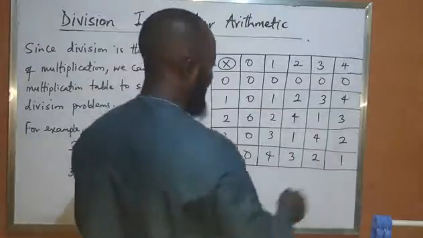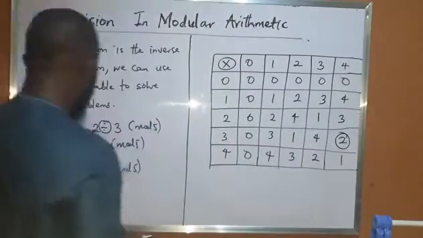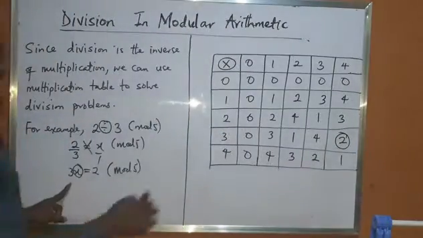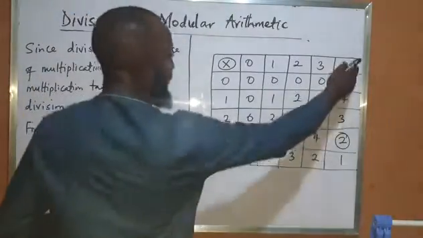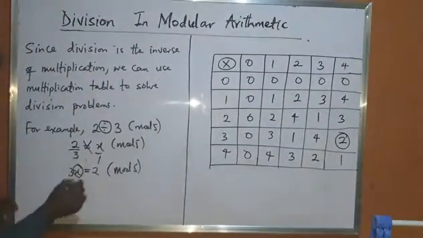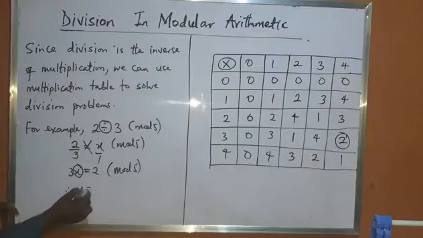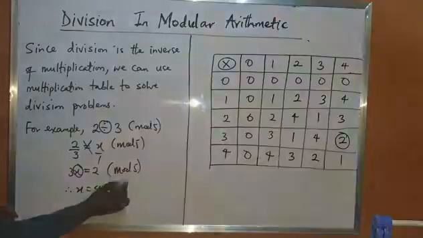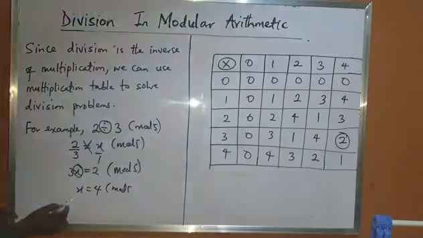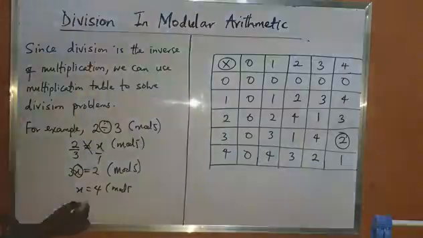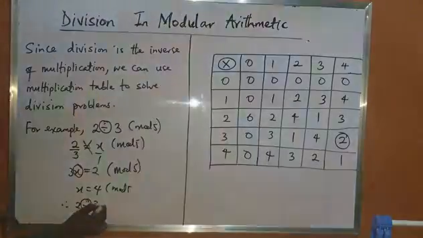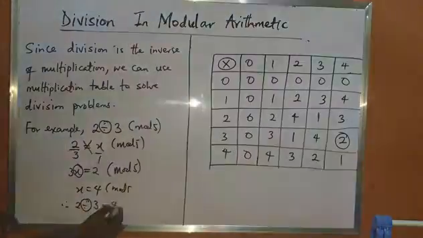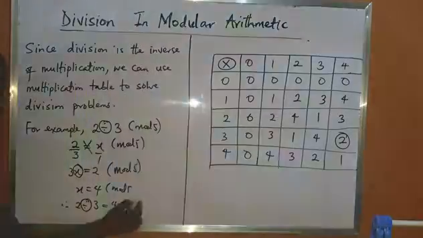We have 2 here, which means we multiply 3 by 4 to get 2. So x equals 4 in mod 5. Therefore, we can conclude that 2 divided by 3 equals 4 in mod 5.